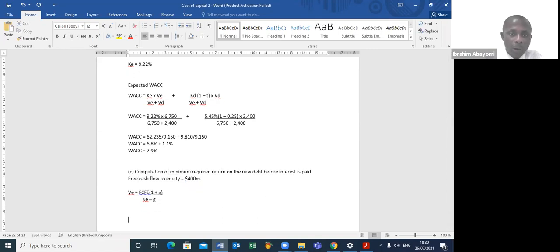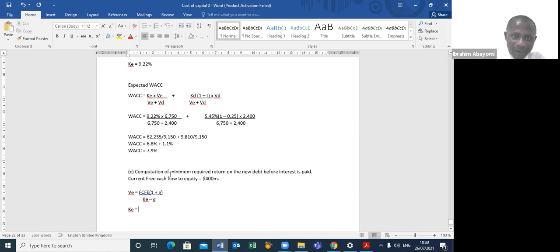Now, our free cash flow to equity is 400. What's our cost of equity? Our current cost of equity, because these are current, let me put it there so that you understand. I like providing very much detail so you understand everything perfectly.